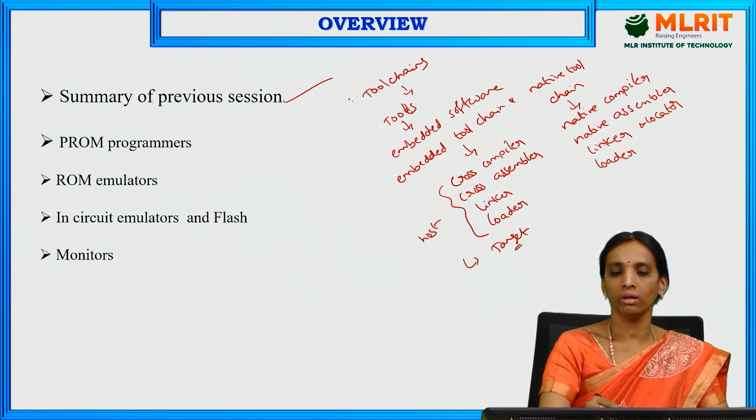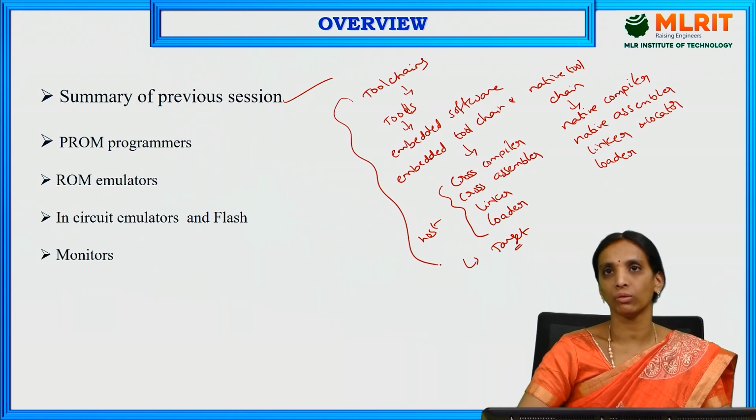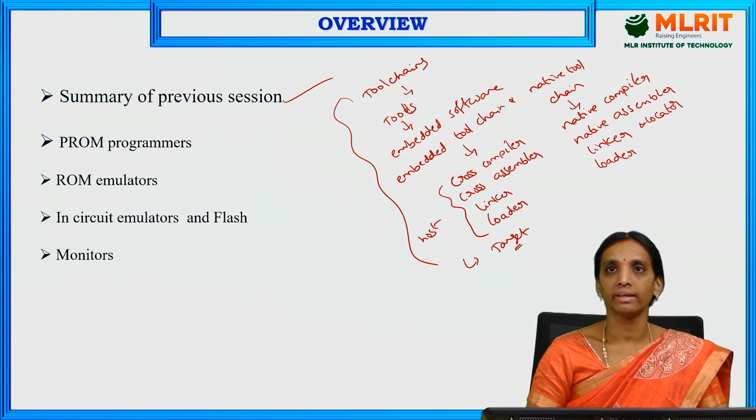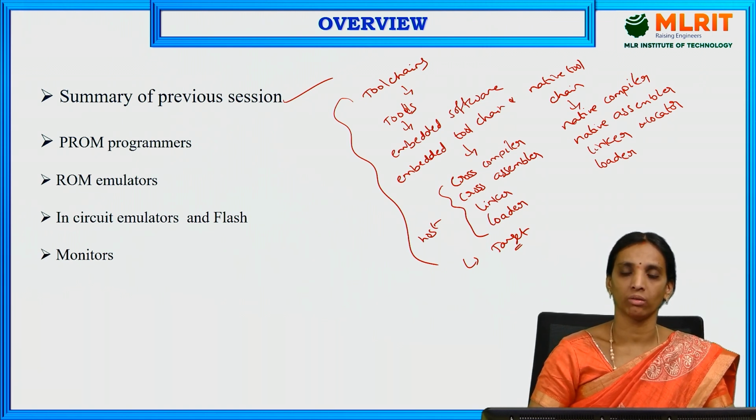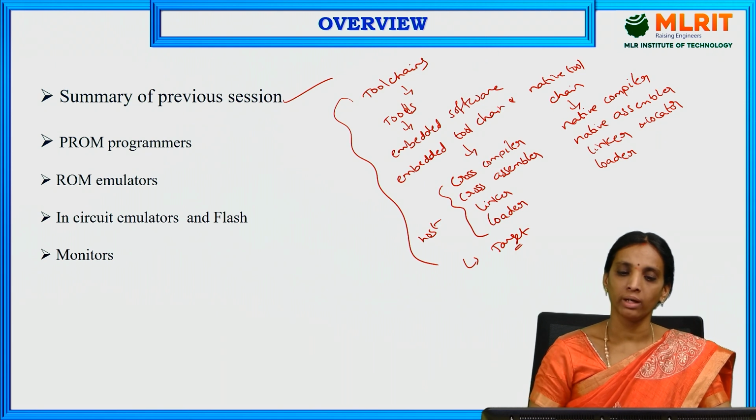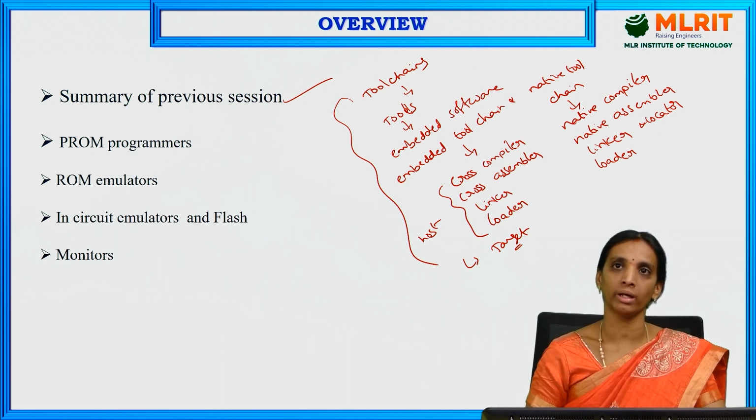These are the different types of tools available for generating the software for our program until the execution. These are all the tools used for development of software for our embedded application.